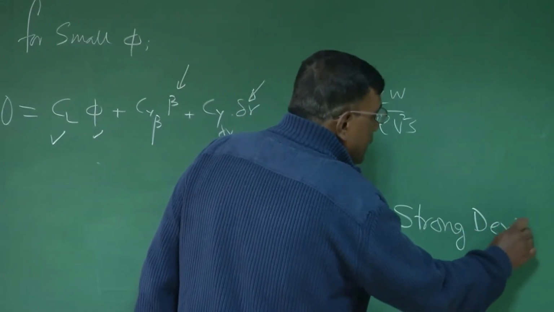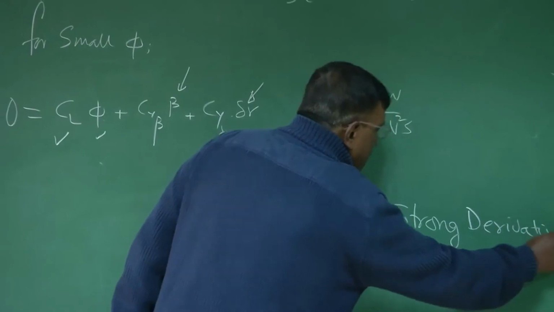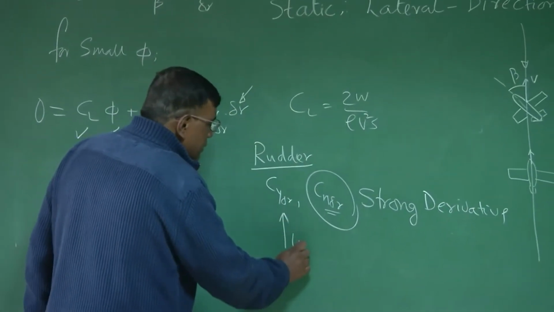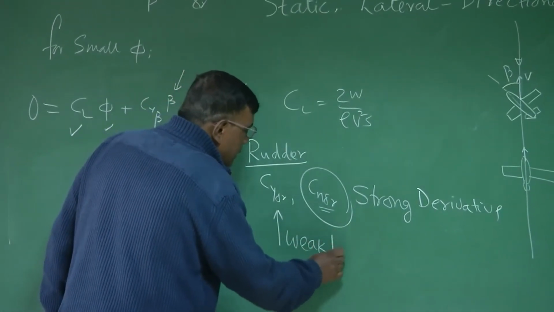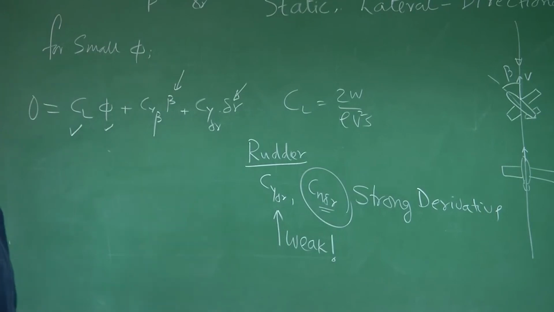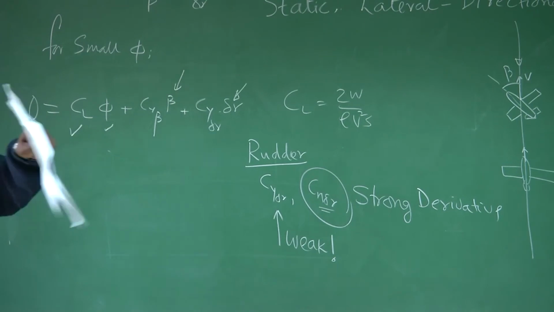However, Cy delta R is relatively weak derivative. Relatively. And you can understand because rudder is meant to give more moment. That is why it has a long moment arm.